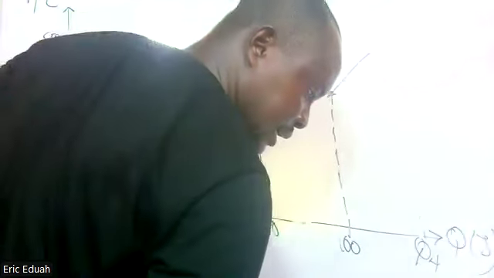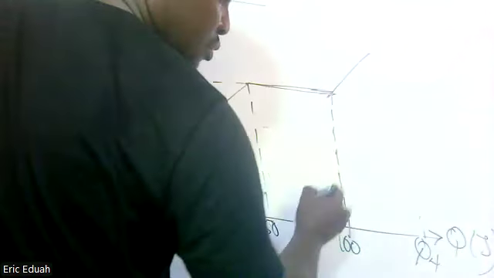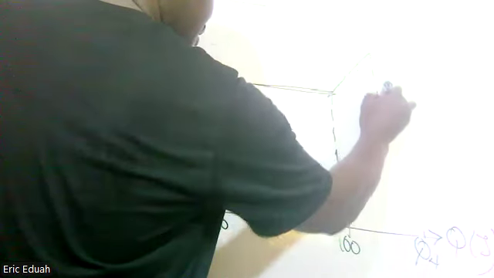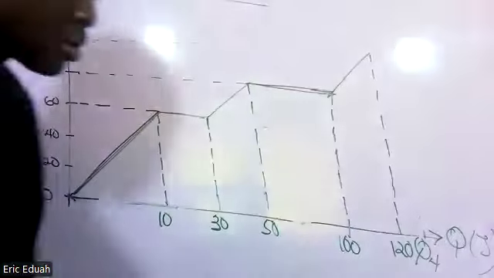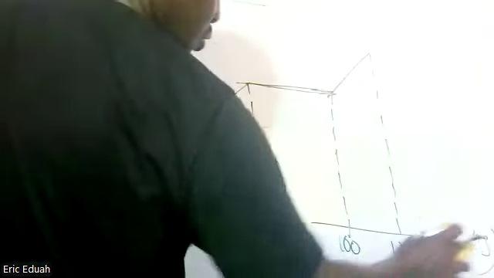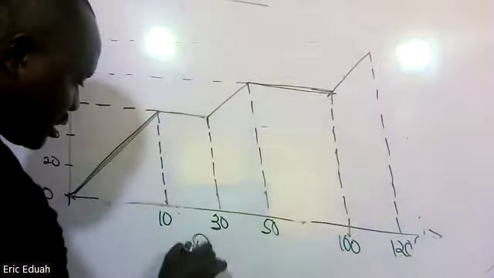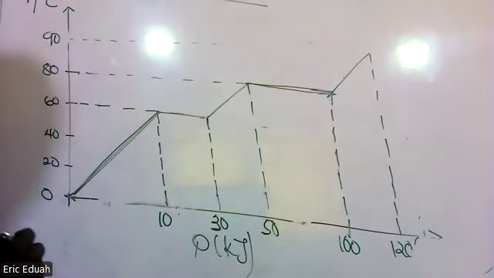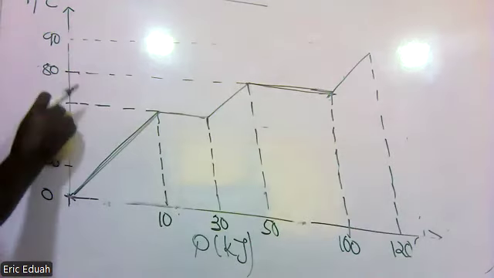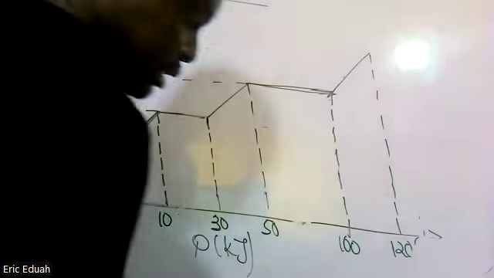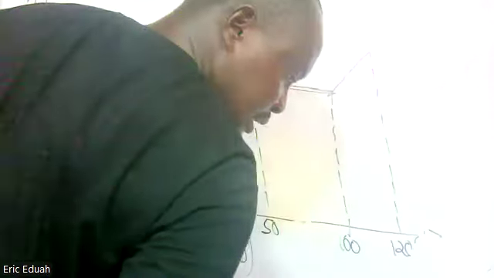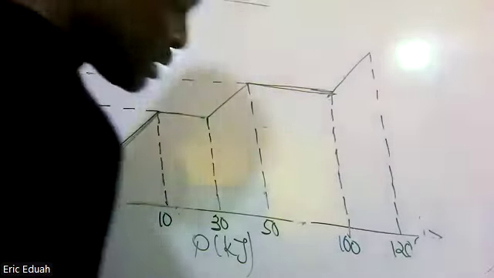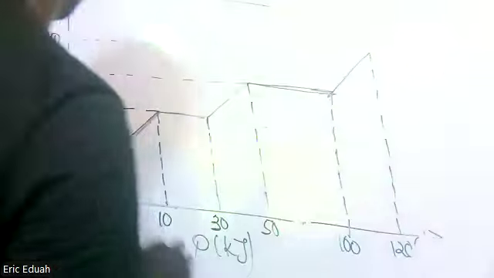Then finally we have 120, all in kilojoules. So the key notes for temperature we have 60, 80, then 90. Good.